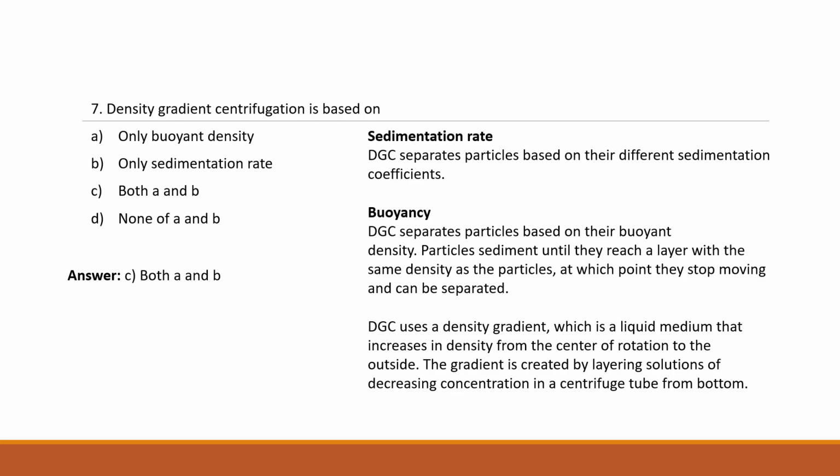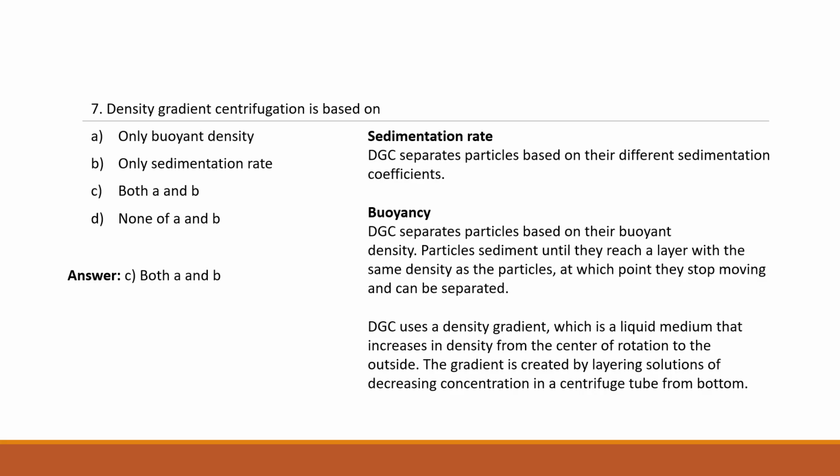Like we saw in the beginning, the rate zonal and the isopycnic, in one it was time dependent and the other it was time independent. Why it was time independent is because it was getting separated because of the density. This density is your buoyant density, and the particles, when they reach the same density, stop moving.